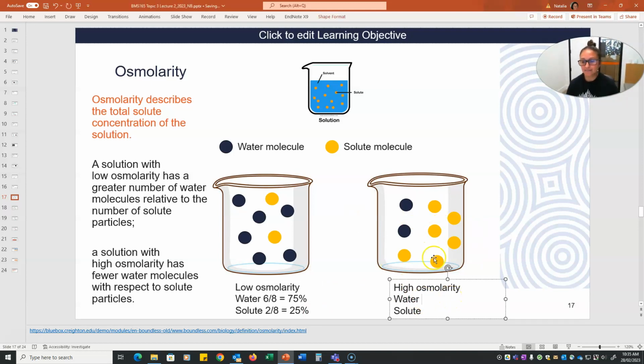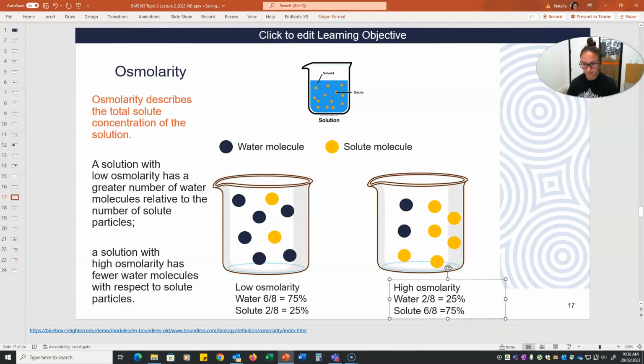Okay, let's have a look at this solution, shall we? How much water's in there? 2 out of 8. How much solute's in there? 1, 2, 3, 4, 5, 6. 6 out of 8. So 2 out of 8 equates to 25% water, and solute equates to 75%.